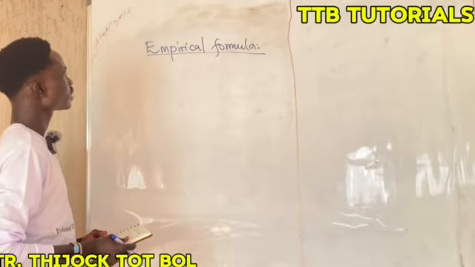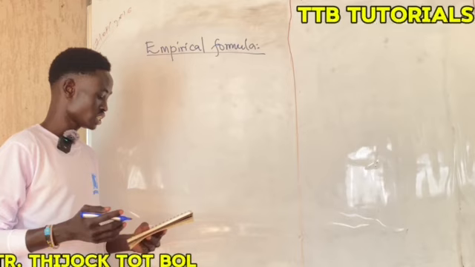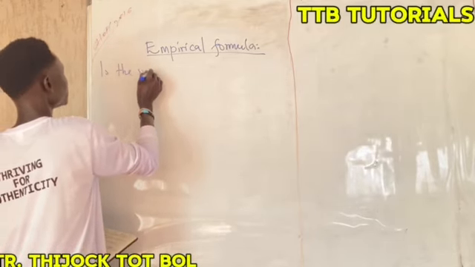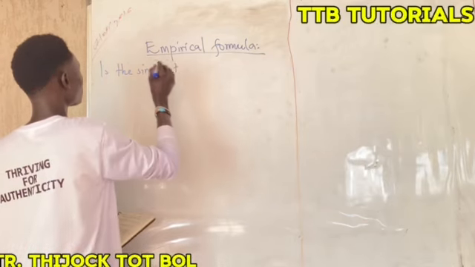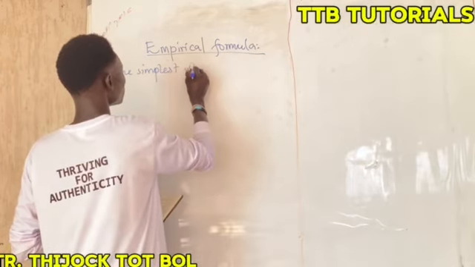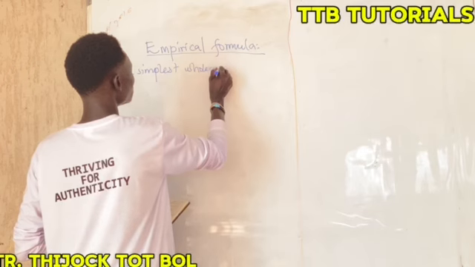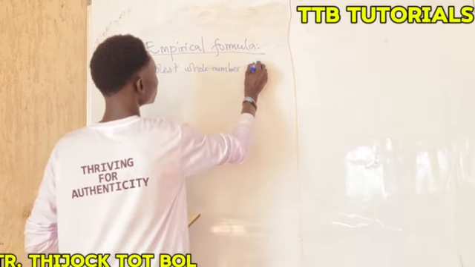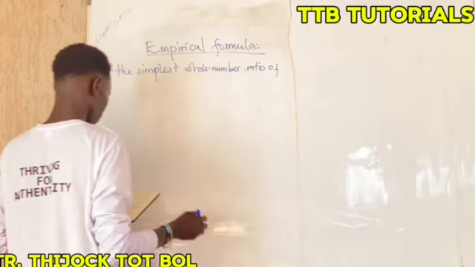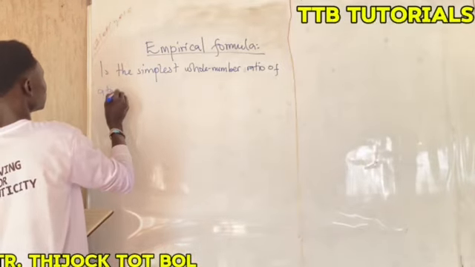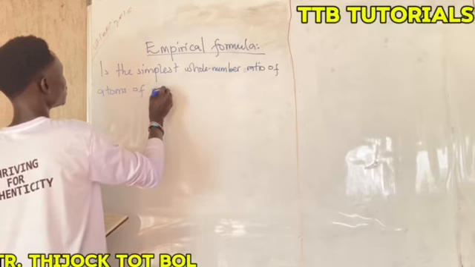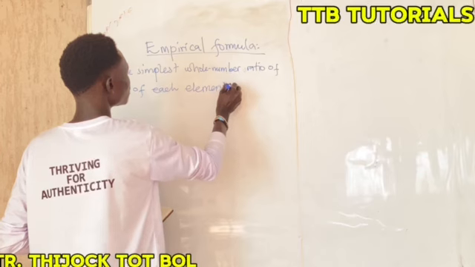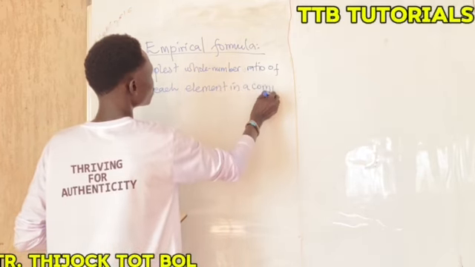So, empirical formula in simple definition is the simplest whole number ratio of atoms of each element in a compound.